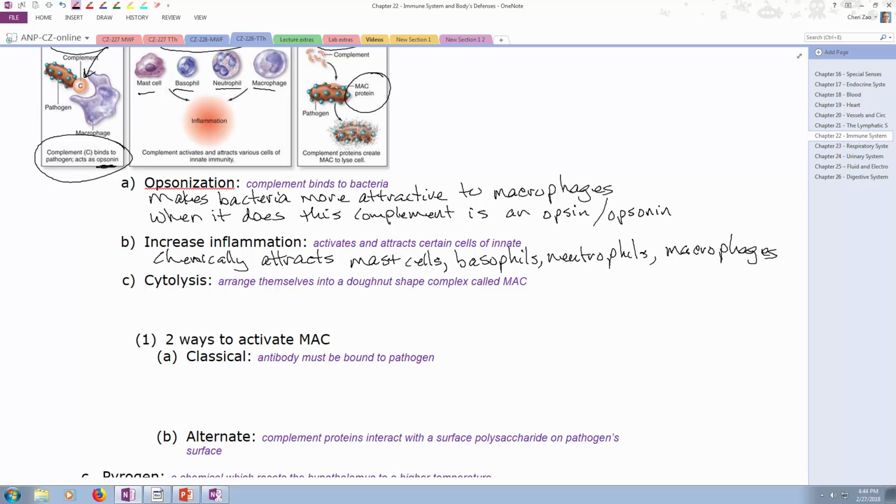And then cytolysis, the donut-shaped complex called MAC, which stands for membrane attack complex.